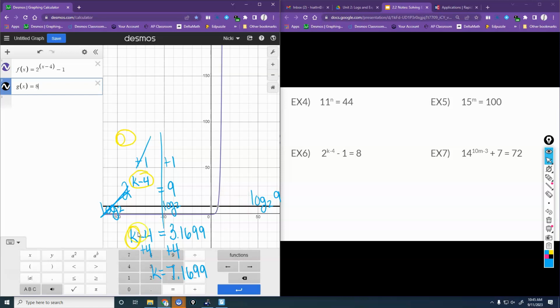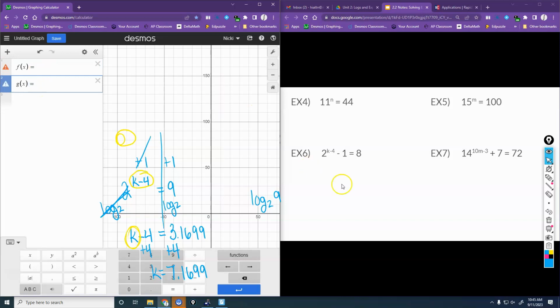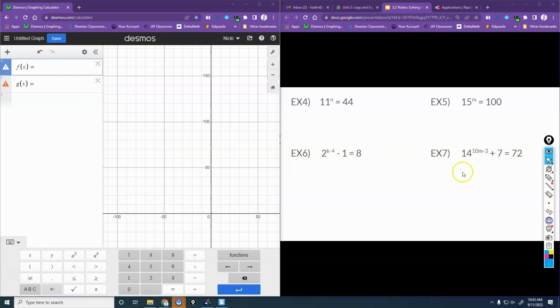So let's pretend that maybe we forgot how to solve number 7, and we didn't know. We'll do it by hand here in a second, because I want you to be able to do it by hand. But let's say we're not sure. We could do 14 to the 10x minus 3 plus 7.